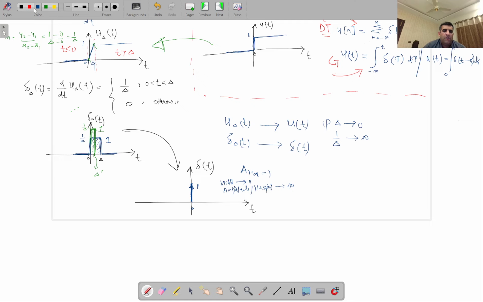So finally, I have drawn the continuous time impulse over here. This is a continuous time unit impulse.